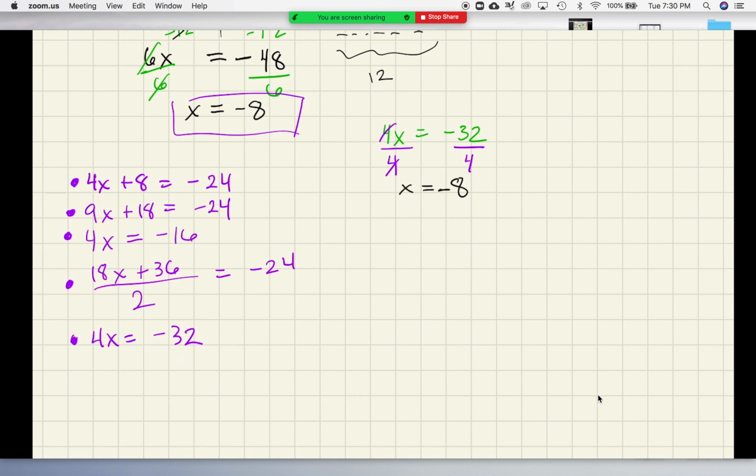Negative 8, yeah. Here's a thing for multiplication and division. This is the way we kind of remembered.